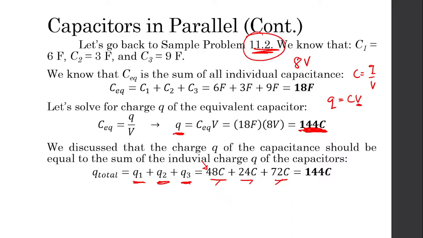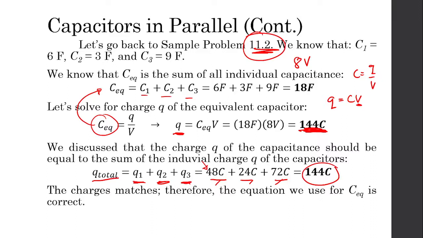We're just bringing them out now to show you that if we add all of them, it will give us our Q total, which is the Q of your equivalent capacitance. This tells us that in order to measure the equivalent capacitance, we just have to add all the individual capacitances of our capacitors. So these two match, which tells us that our equation for CEQ is correct.